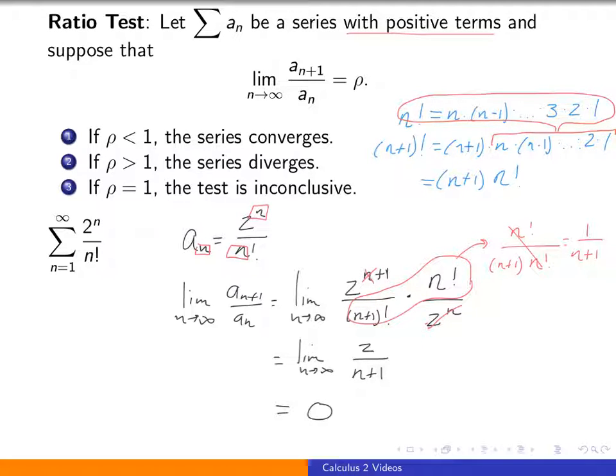The value of 0 that we have, just to make the connection above, is rho. And since this value of rho is less than 1, what we know is that the sum from n equals 1 to infinity of 2 to the n over n factorial converges by, and I'm going to write RT for the ratio test.